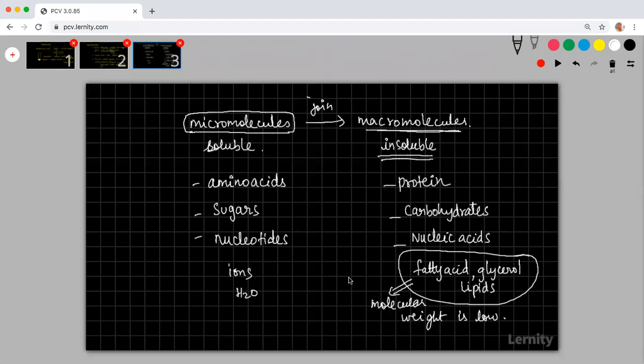The molecular weight of these substances will be around 400 to 800 only. But still, we club them together under macromolecules because of only one point. What is that one point? It is insoluble. Are we able to understand? Nucleosides are even smaller than this.